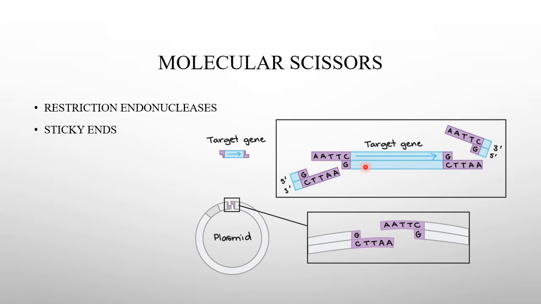So it cuts at the G nucleotide, and the segment GCTTA is lost, and from the opposite side they cut from AATTC down to G. So these are the specific segments in the target gene, which are called sticky ends.